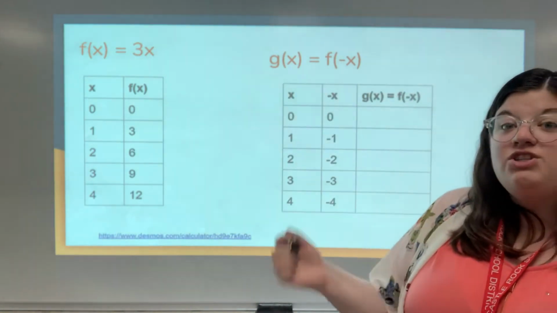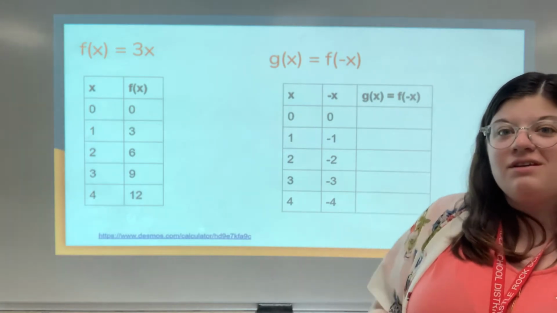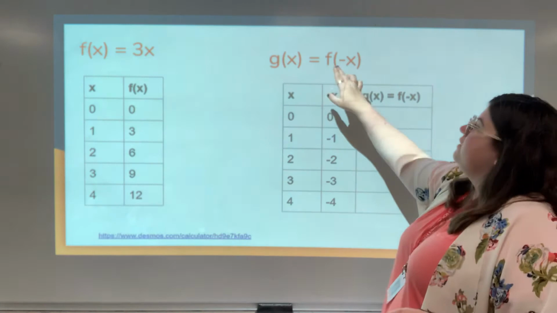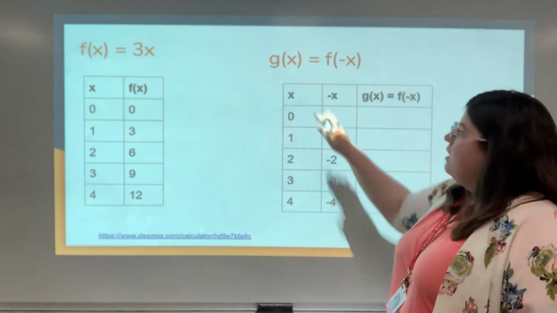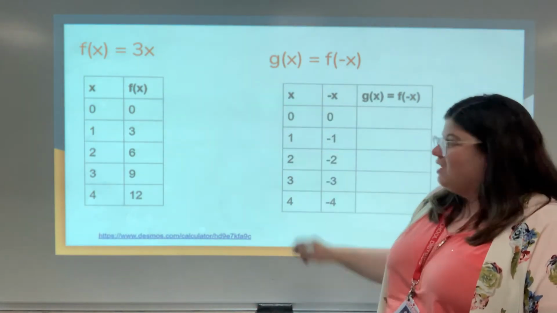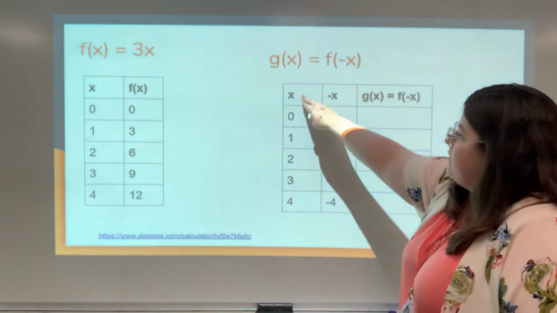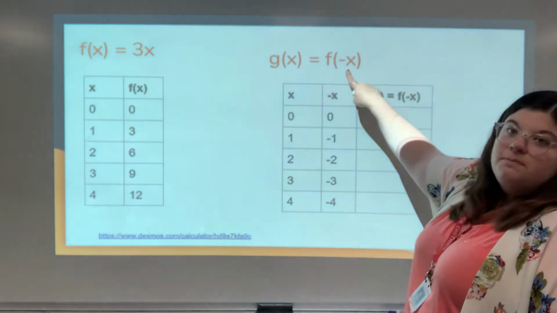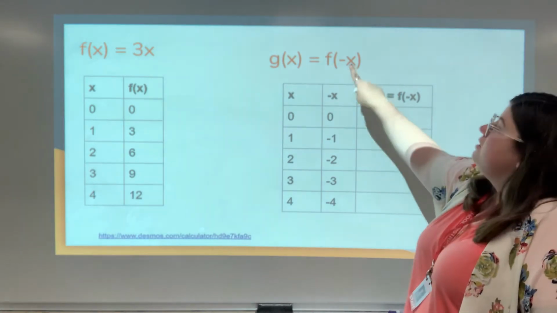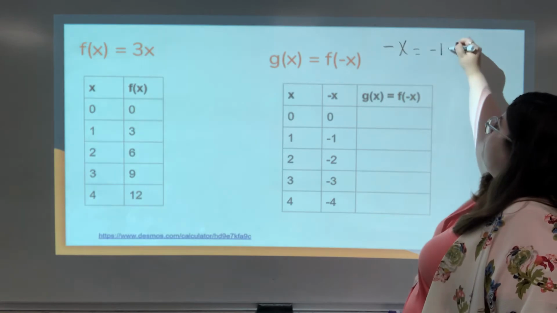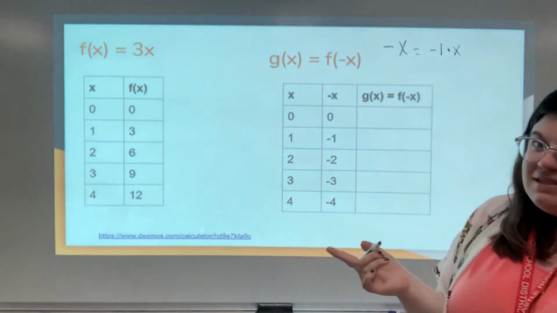So this function g, again, it's a new function that I'm going to define as f of negative x. So you have a whole bunch of inputs, whatever they may be, negative 10, negative 5,000, okay? So you've got inputs, and you can think about it, negative x is equal to negative 1 times x. I mean, it's the same thing, right?